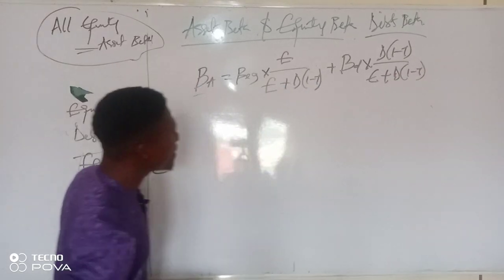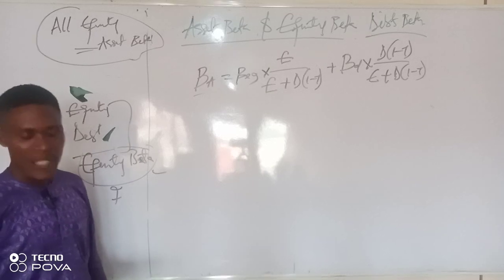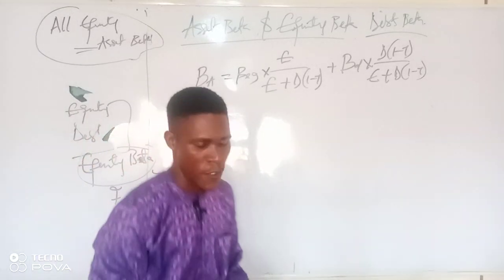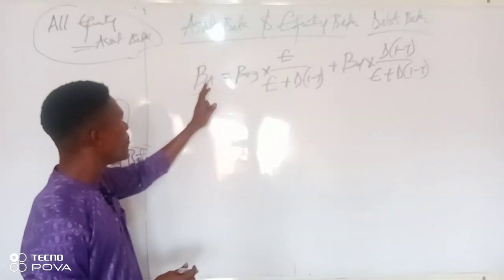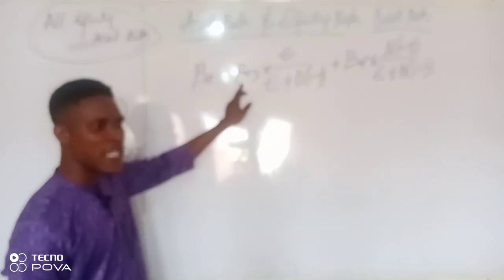Now, this is the equation that always shows us the link between beta assets, beta equity, and what?